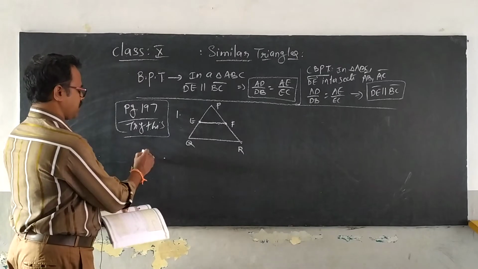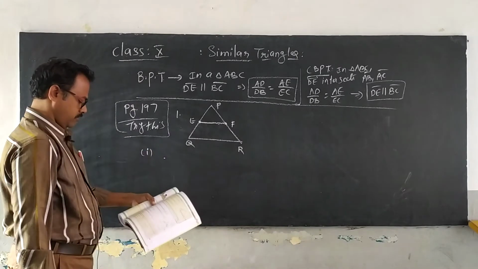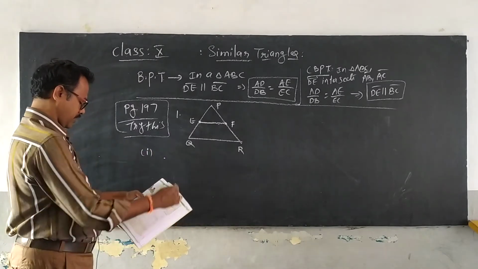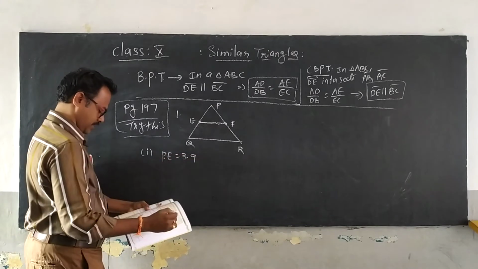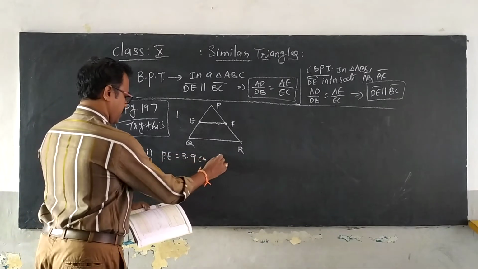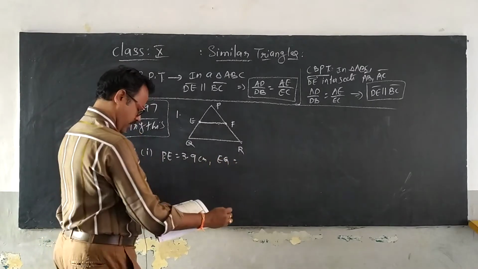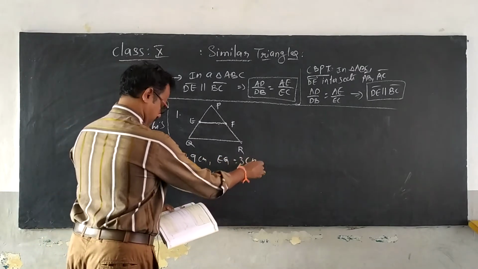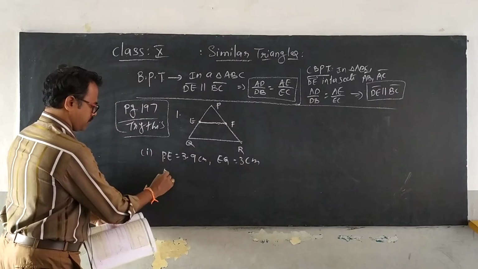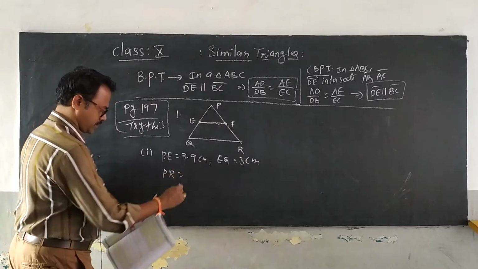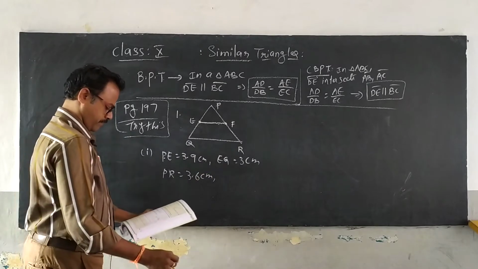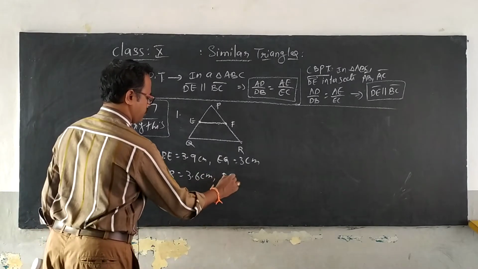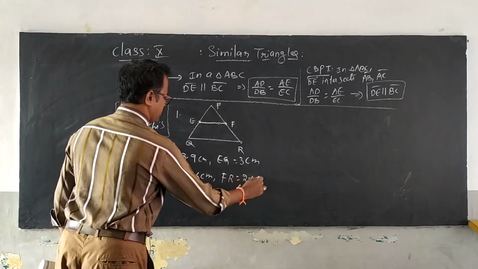For the first question, it is given that PE is equal to 3.9 centimeters, EQ is equal to 3 centimeters, PR is equal to 3.6 centimeters, and FR is equal to 2.4 centimeters.